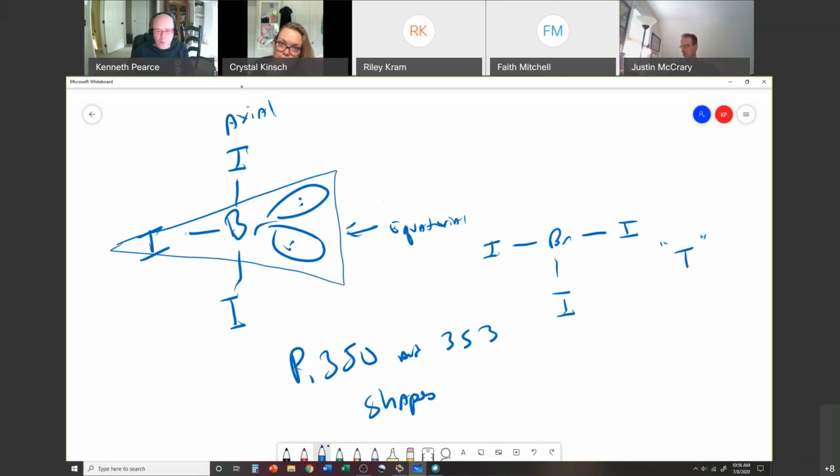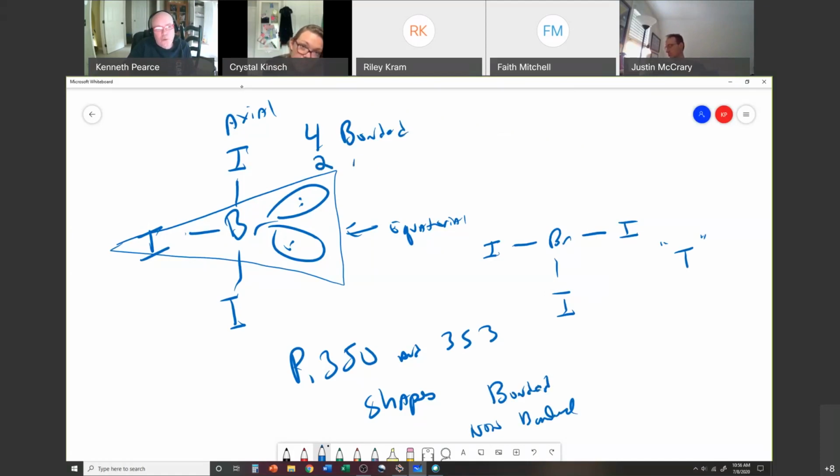All right, what we look for on our table is bonded and non-bonded. That's what we're looking for. So if we look here, what do we see? We see 4 bonded. I see 2 non-bonded. Okay, and I look on my table on page 353, and I see, what do we got here?